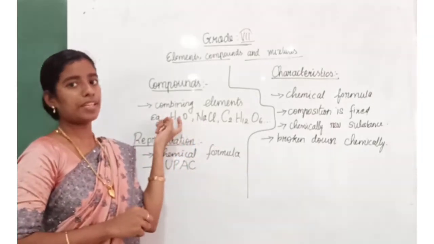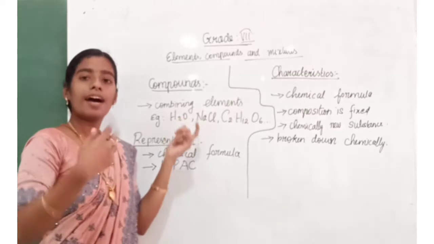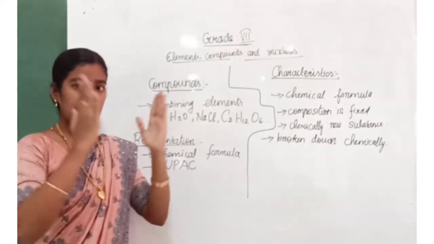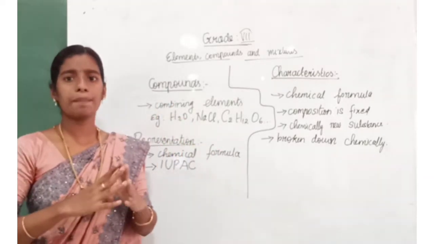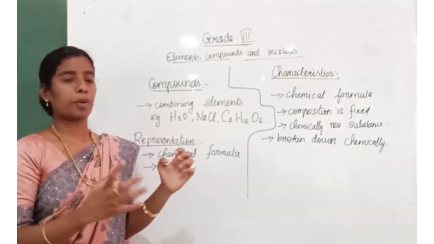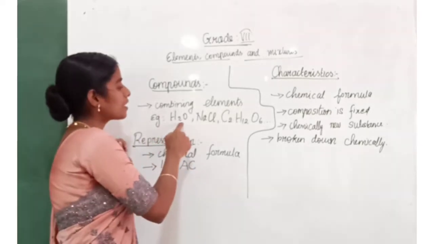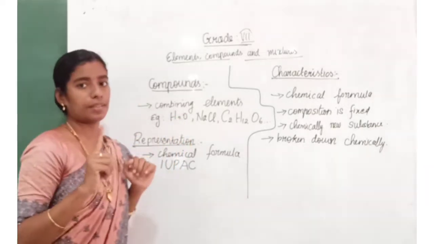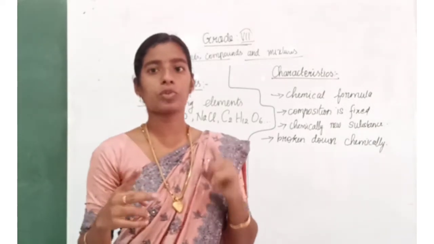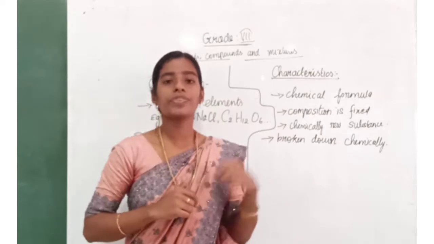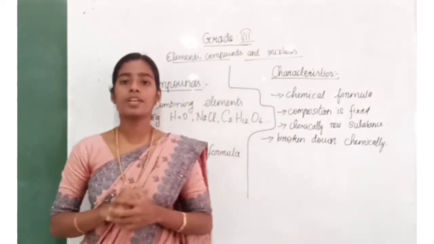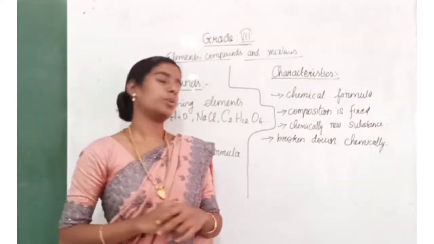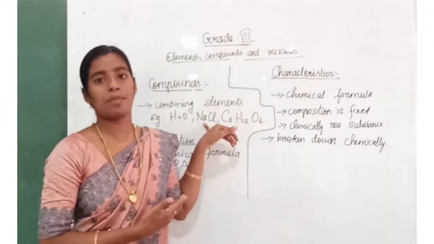Hydrogen is an element, oxygen is another element. These 2 elements combine in some atomic proportion. Water has 2 hydrogen atoms and 1 oxygen atom. These 2 hydrogen atoms and 1 oxygen atom combine to form H2O. H2O is a water molecule.